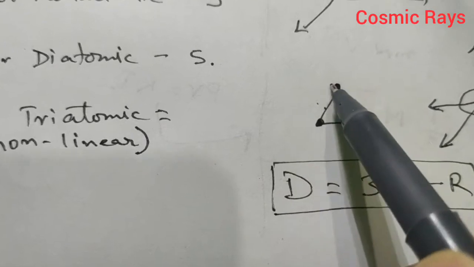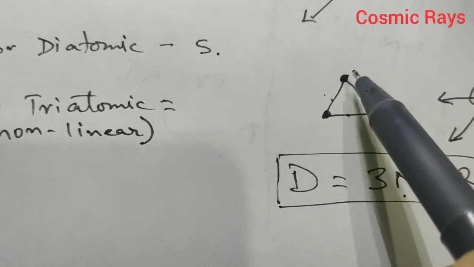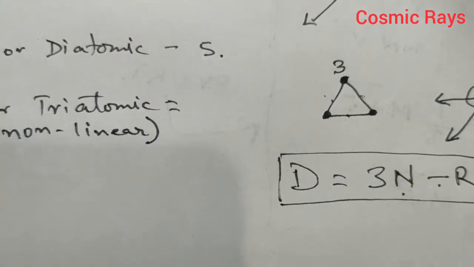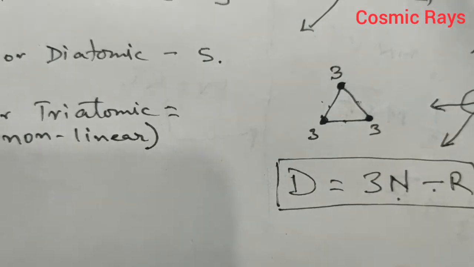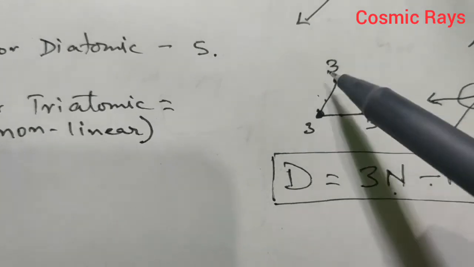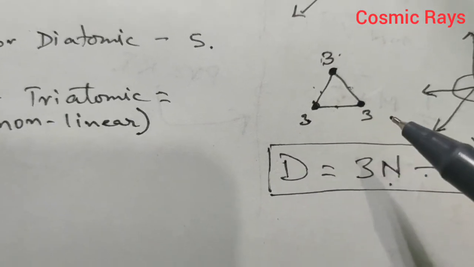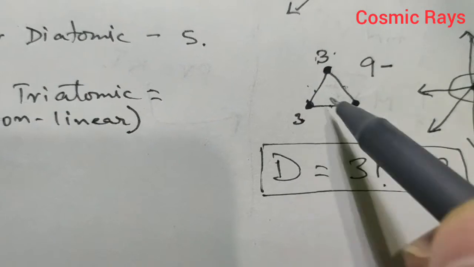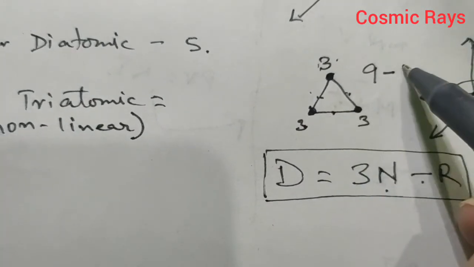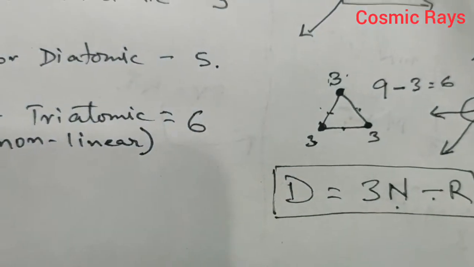This particle, if we consider it as a monoatomic, then it could have 3. This also could have 3 degrees of freedom, and this could have also 3 degrees of freedom. So that means it should have 3 plus 3 is 6, plus 3 is 9, and minus it has got 3 restrictions. So 9 minus 3, it has got degree of freedom as 6.